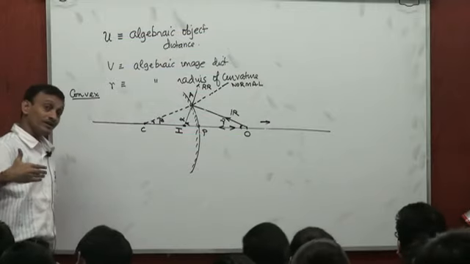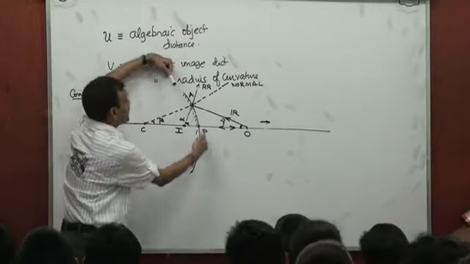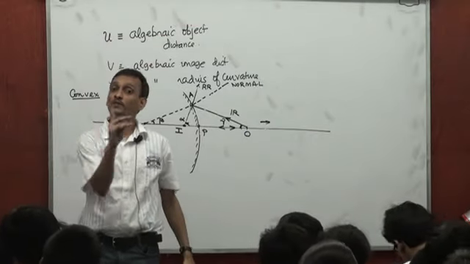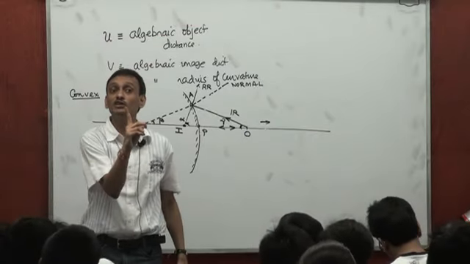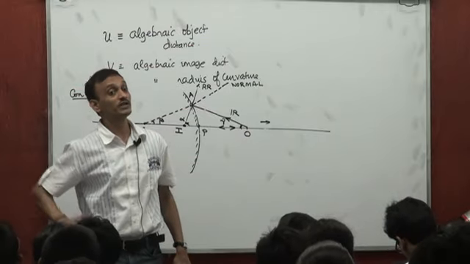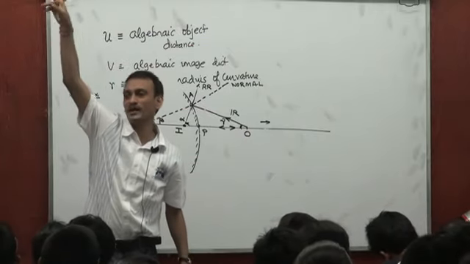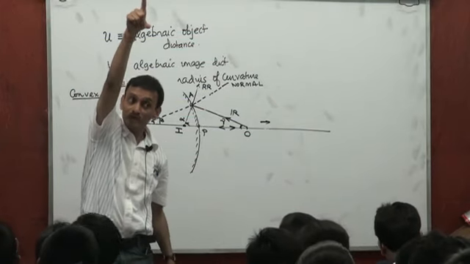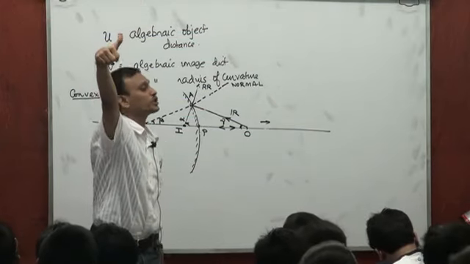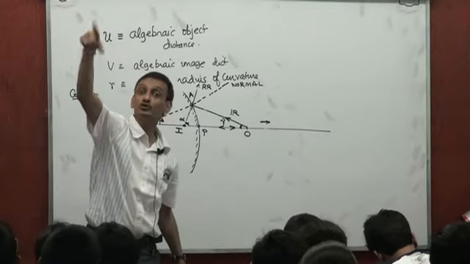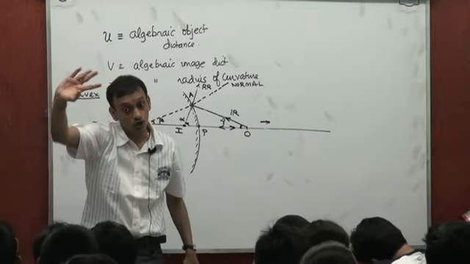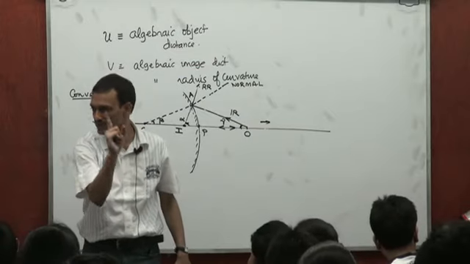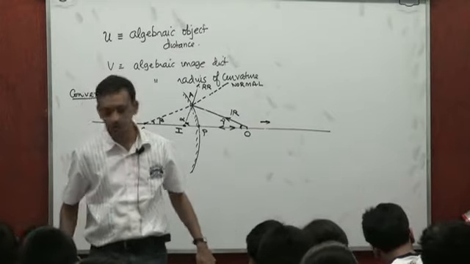In general, if it's a big mirror of a huge aperture, there would be one paraxial image, but there would also be non-paraxial images. Rays incident very far from the pole of the mirror would converge at a different point and constitute another set of images, but we are not looking at those. We are only looking at the paraxial image of a certain object.